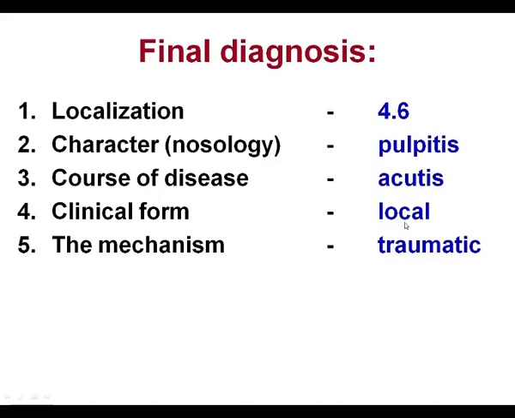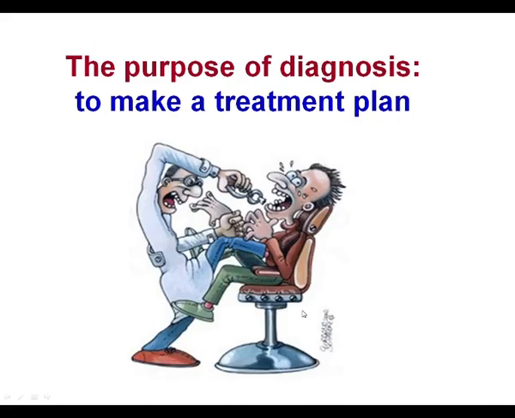Clinical form, it's local, for example, and the mechanism, if it's not cariogenic, is mentioned, for example, traumatic. If it's from caries, we just write pulpitis, acute, local, and the number of the tooth without pointing out the cariogenic mechanism.